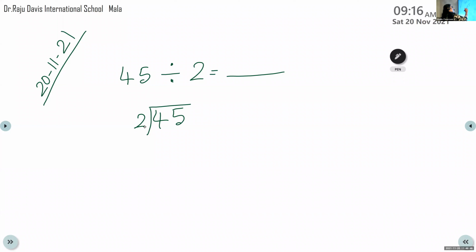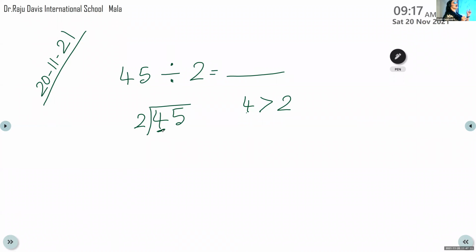In this case, 4 is bigger than 2, isn't it? 4 is greater than 2. If the dividend is greater than the divisor, the next step is to check whether that particular number is there in the table of divisor or not. Check whether 4 is there in the table of 2.